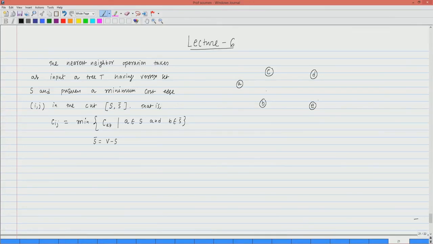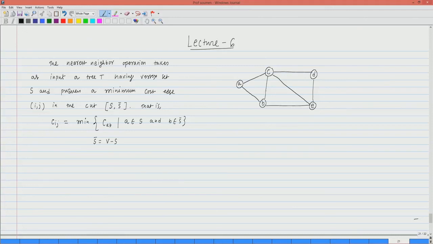So, these are the vertices of this graph, and A and C are adjacent, A and B are adjacent, B and E are adjacent, C D adjacent, D E adjacent, C B adjacent, and C E are also adjacent.